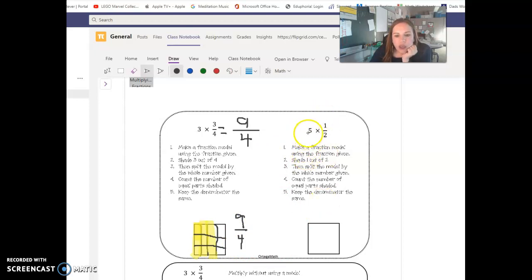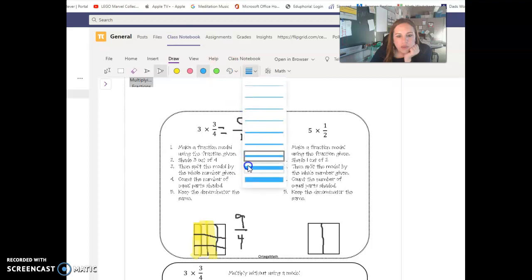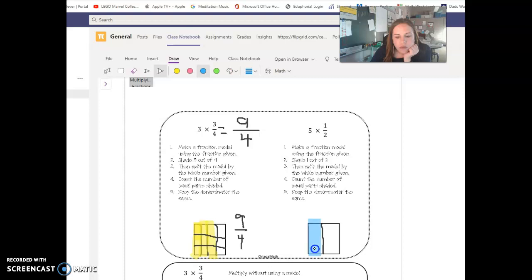Now let's do it with 5 times 1/2. Okay, so let me divide my model into halves. Shade 1/2. Then split the model by the whole number given. Well, I need to split it into fifths. That might be a little trickier. Let's try.